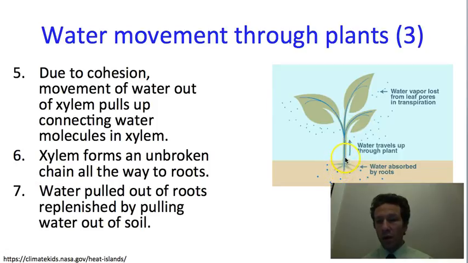All of these water molecules are connected in one continuous chain the entire length of the plant. And if they get pulled right here, that results in a pull that goes all the way back to the roots. So xylem is an unbroken chain to the roots. That means that eventually water is going to get pulled from the roots. That water that's getting pulled from the roots has to get replenished, and that water will be replaced by pulling water out of the soil because the roots are in contact with the soil.